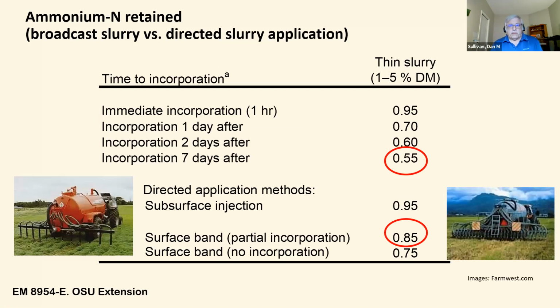Those application methods, the trailing shoe and the surface band applications, are shown in this slide, and they're contrasted with what happens if we broadcast and leave manure on the soil surface. We predict from this comparison that 30% more of the ammonium will be retained using slurry applied by one of these directed application methods.